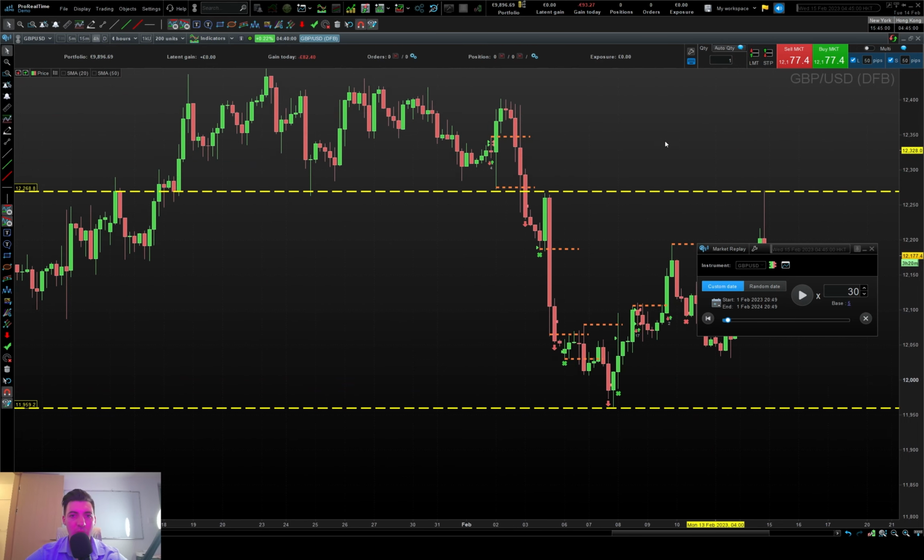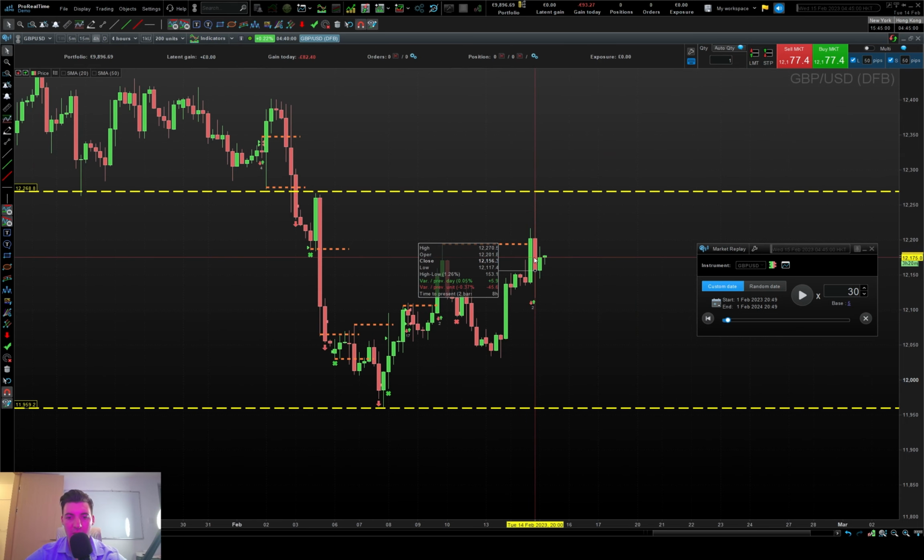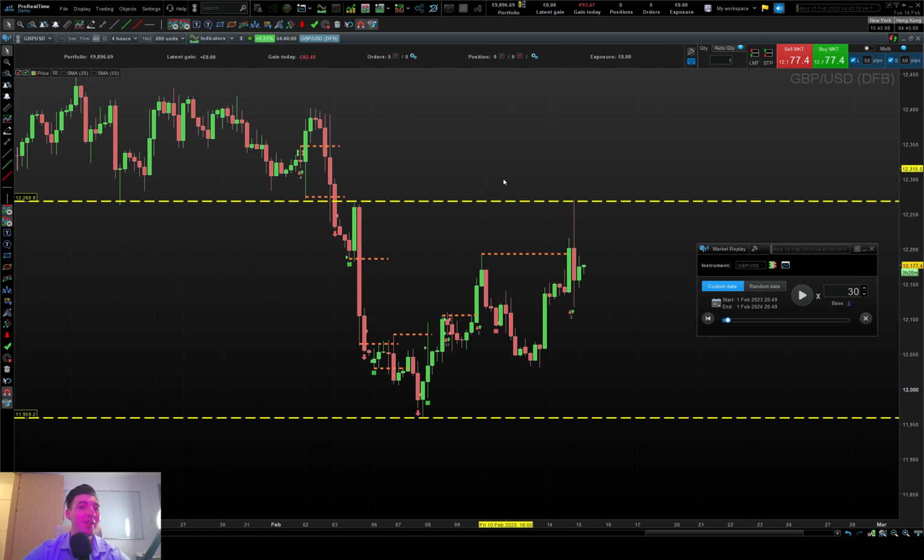So from where we started, that was the 1st of February 2023, to our last one, which is the 14th of February, so in two weeks, I'm down by what, 104 pounds or 104 euros or 104 dollars, whatever. I'm down by 104.